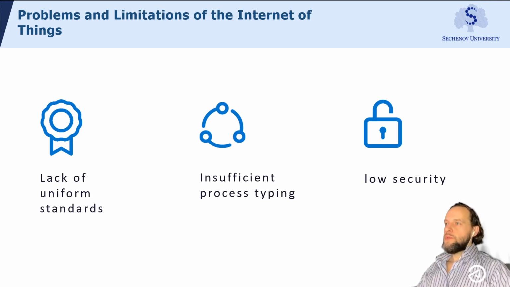So, the most important problems right now are lack of unification in Internet of Things and telemedical services, insufficient process organization for provision of these devices, solutions, services, and possible problems with security.